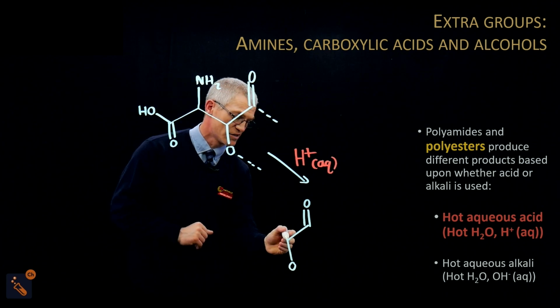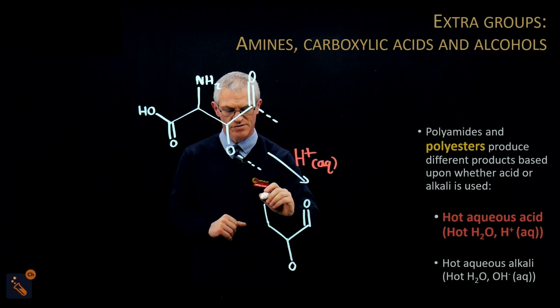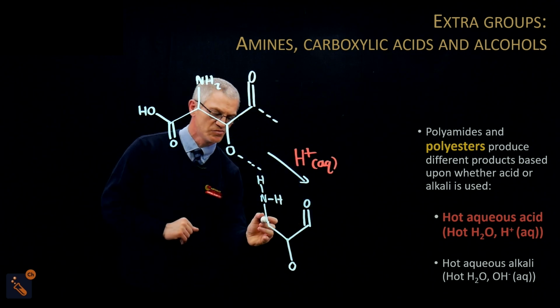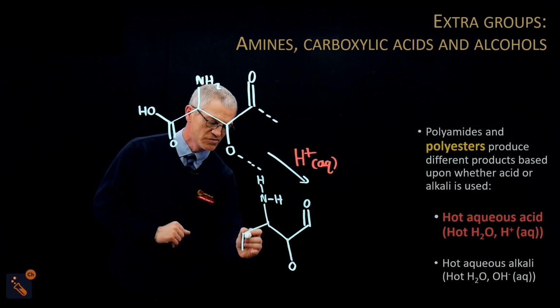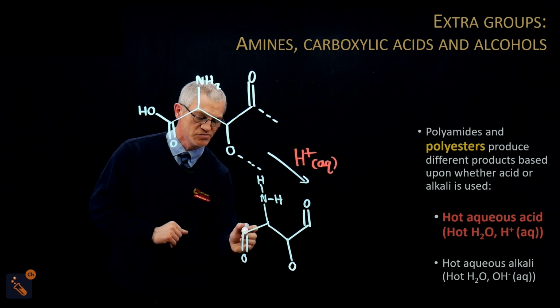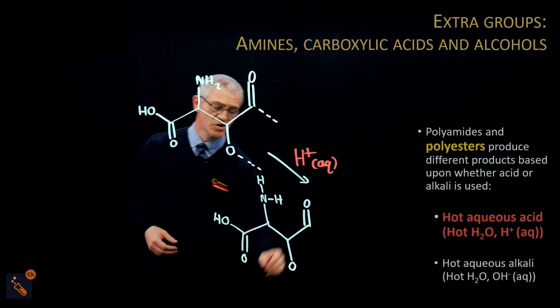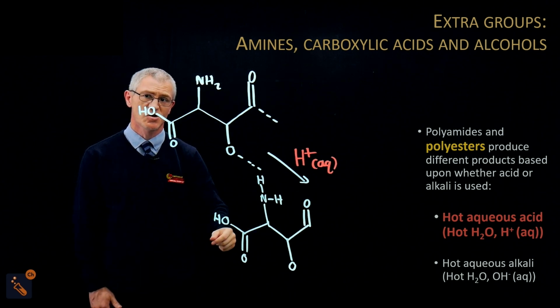Okay, and then I'm just going to go, right, okay. And I'm going to draw this out like this now. And you'll see why in a second. Okay, and then that goes down, and you will have your OH. So I've broken my ester. Okay, I've redrawn those out, and I'll explain why in a minute.